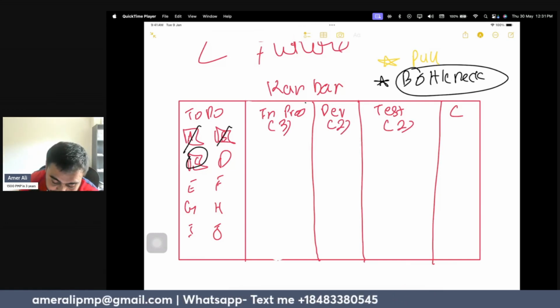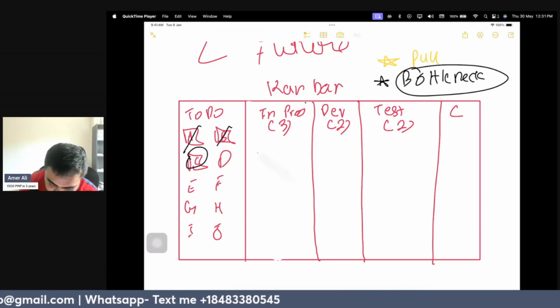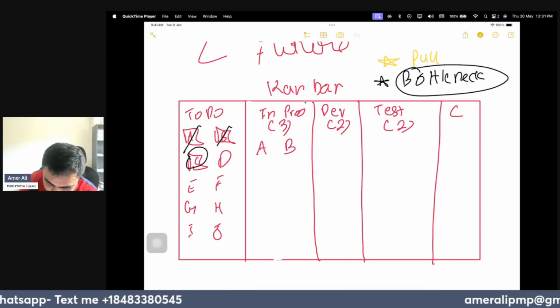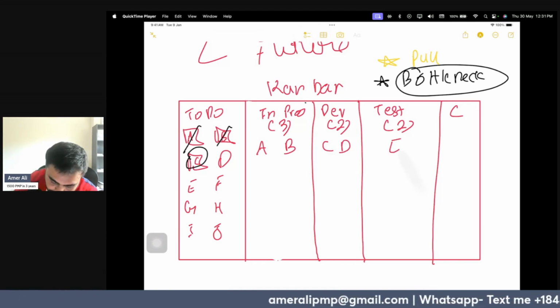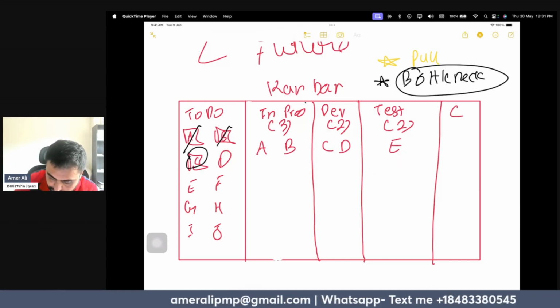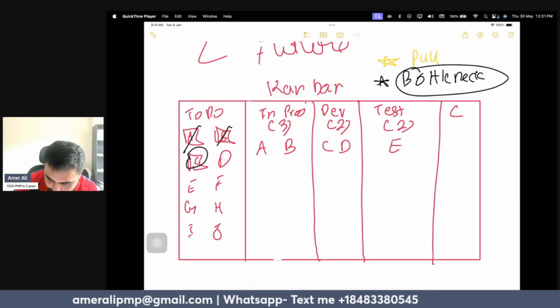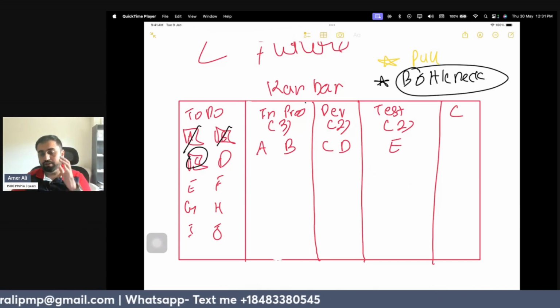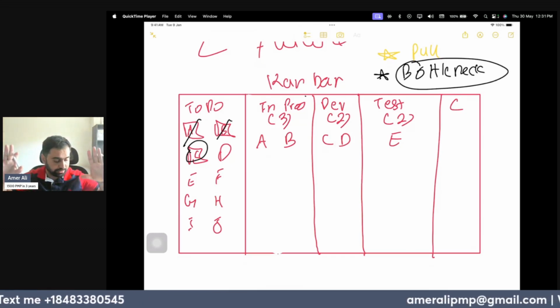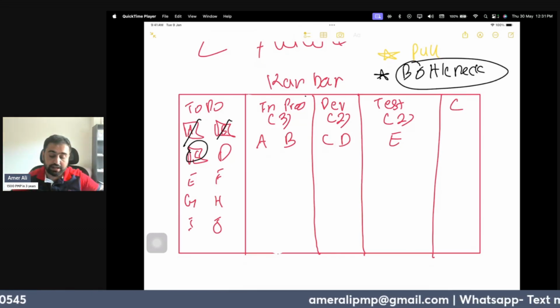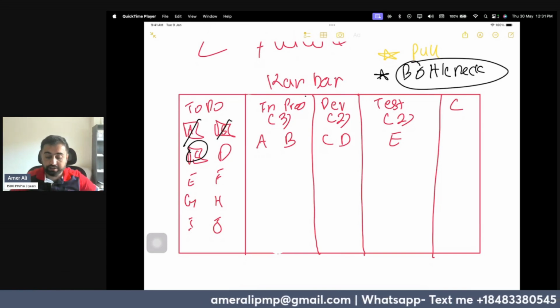Let's say the question says, identify the bottleneck. You have a graph in the question, and now the question is asking you to identify the bottleneck.